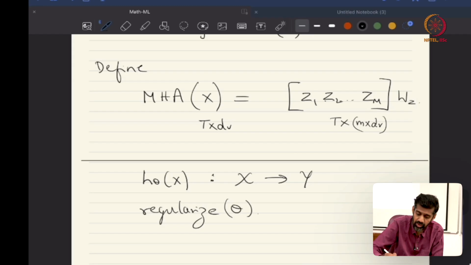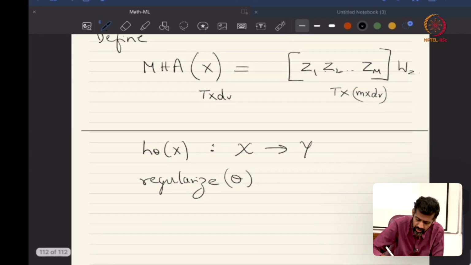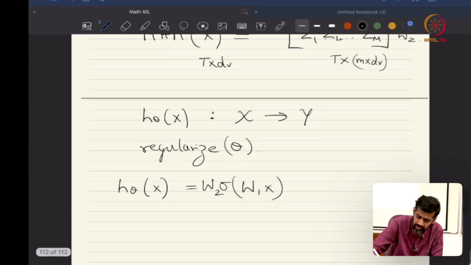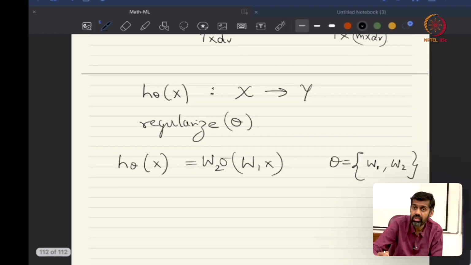But if h theta of x is a composite function this way, where w1 and w2 are your theta, correct? Theta is w1, w2.